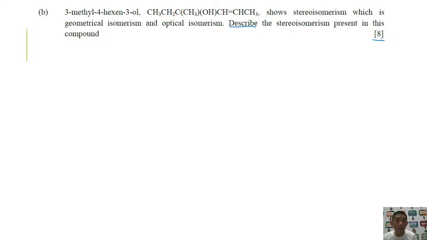Okay, and whenever you are given a condensed formula like this, you must be able to expand the structure on your own. So how will you expand the structure? The structure will more or less look like this. It will become CH3, CH2, then you have C, CH3, OH, and then you have CH. Why do I want you to do it like this?